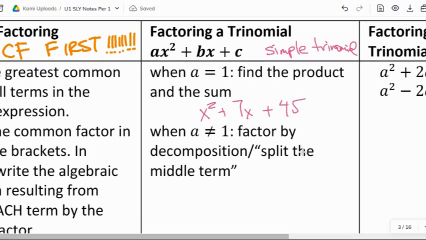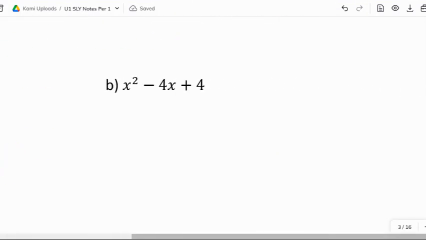Let me look at that. So here we go in question B. Okay, this is a simple trinomial, although it's a bit more. I draw a plus on top of the middle term, and I draw a times on top of the last term. You might have done it differently. Cool, no problem.